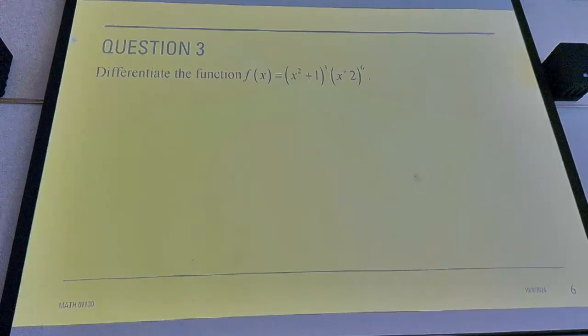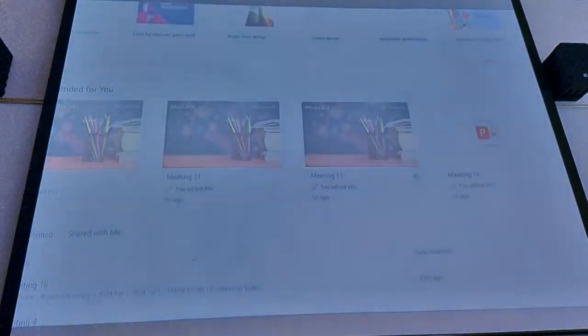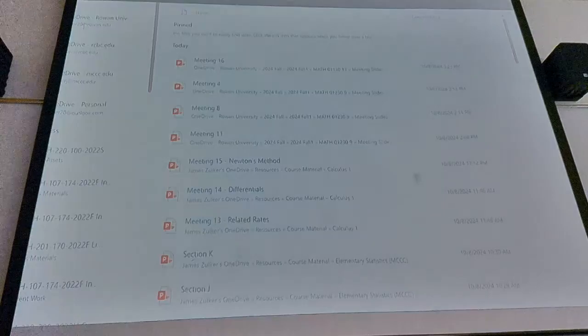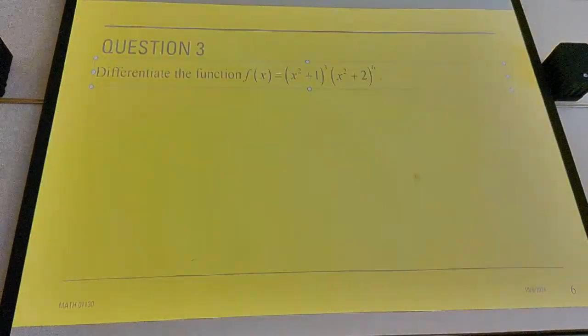Something went terribly wrong here. That's better. Yes, let me actually hide that for right now.